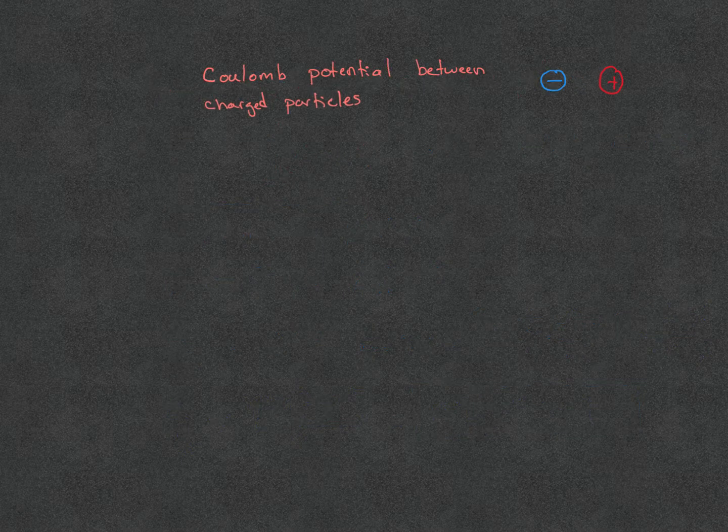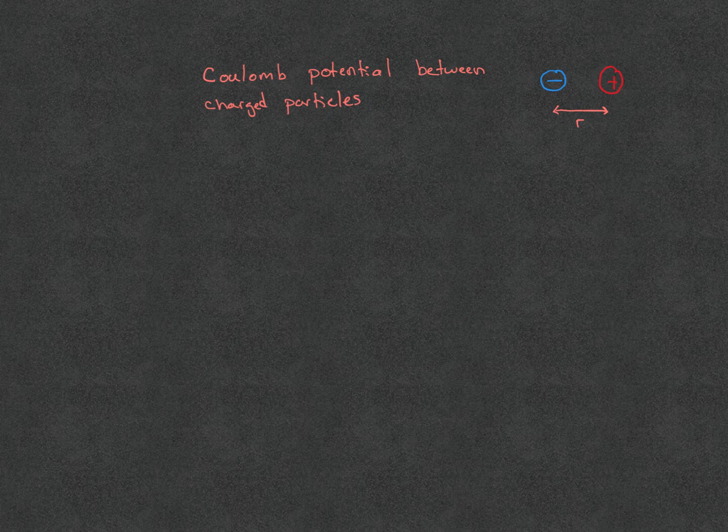Okay, so now we're going to move on to our first example of a pair potential, which is called the Coulomb potential, which describes the potential energy of two charged particles which are separated by some distance r.